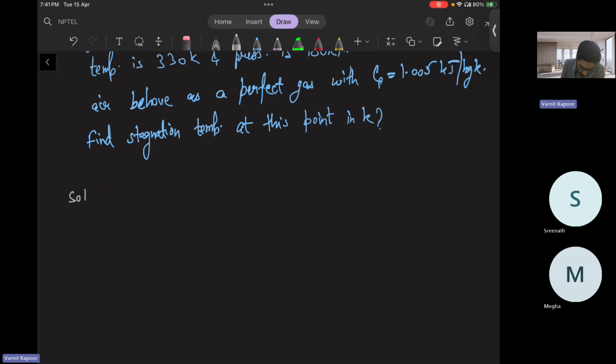Let's do the solution. What is a Mach number? Mach number is the velocity of the particle, whatever the air is, to that of the speed of sound.